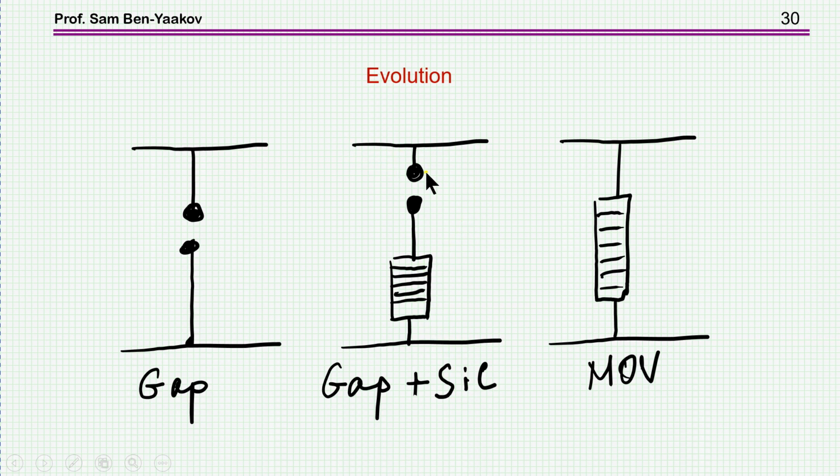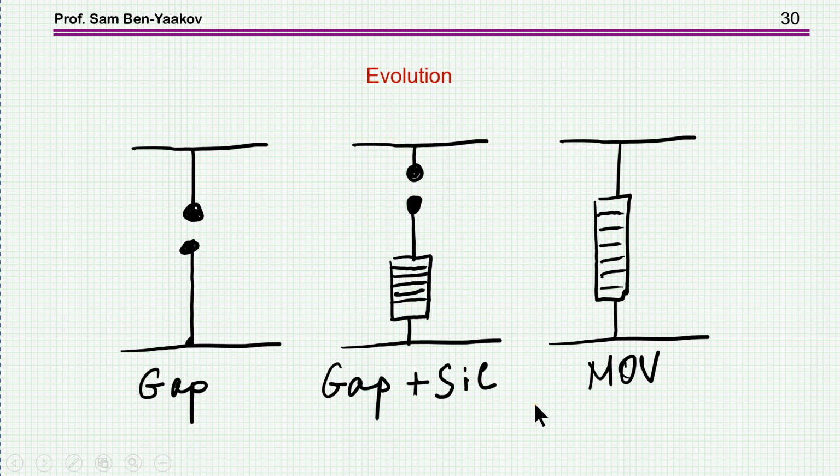And then when it strikes, it's not a short, but really there is a clamping voltage here, which sort of very slowly reduces the current. So therefore, this is a much better solution than this one.